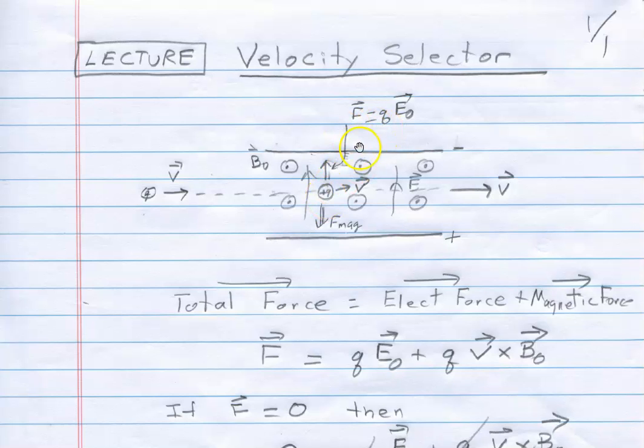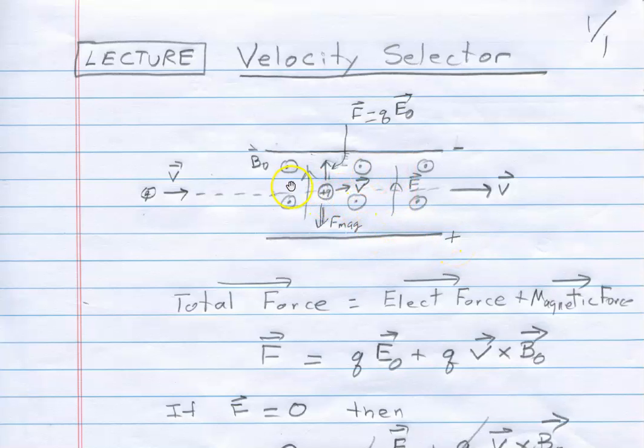However, what I'm going to do is apply a positive and negative potential difference across here. That creates an electric field E naught that's upward. Remember, electric fields, I've got some field lines drawn here and here, always go from the positive, the high potential side, to the low, or the negatively charged plate.